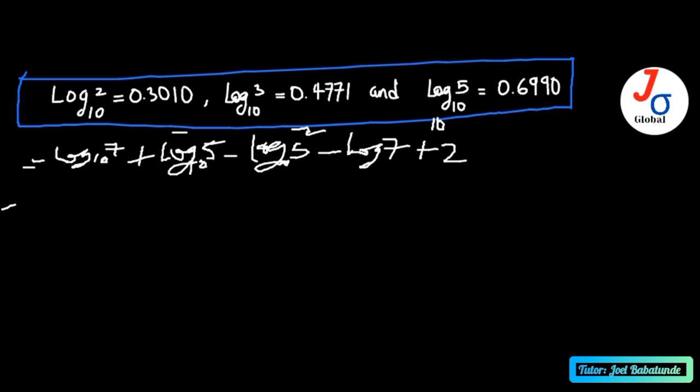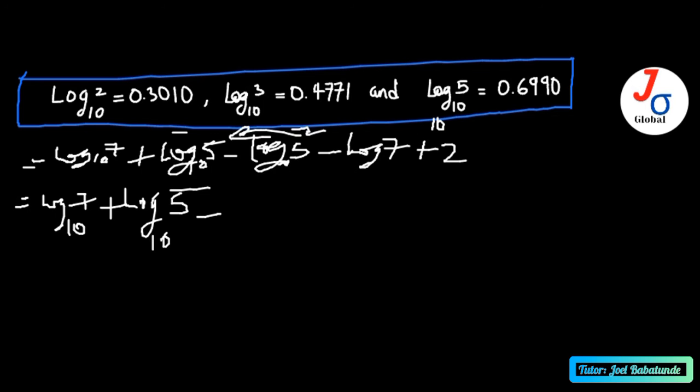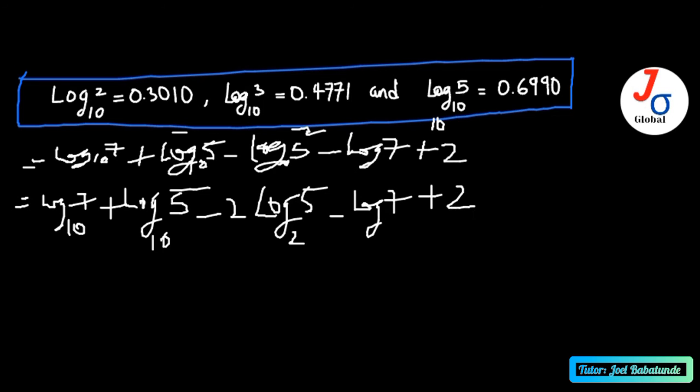Then we have log 7 base 10 plus log 5 base 10, minus, so this 2 comes to the front, 2 log 5 base 10 and minus log 7, then plus 2.